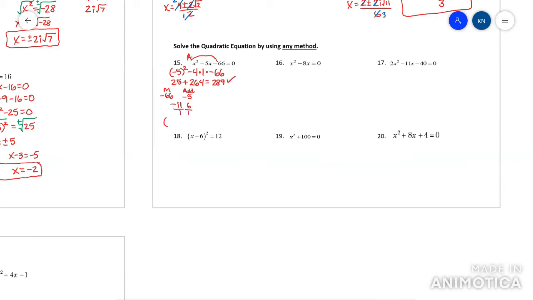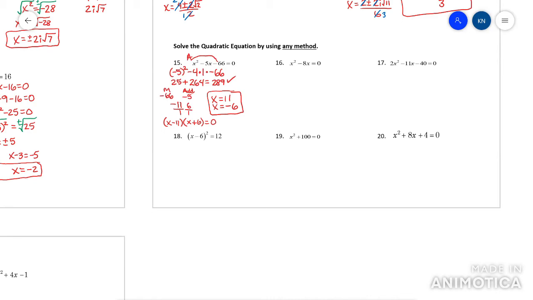Write bottom times top, bottom times top, set them equal to 0, and get your two answers of 11 and negative 6. If I can factor it, I'm going to. I'm not going to run the quadratic equation. But if this number had not been a perfect square, then I would have run the quadratic equation.